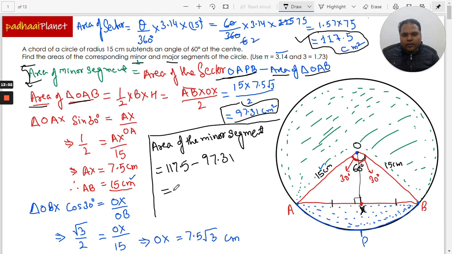So that's equal to 20.19 square centimeters. So that's the final answer.